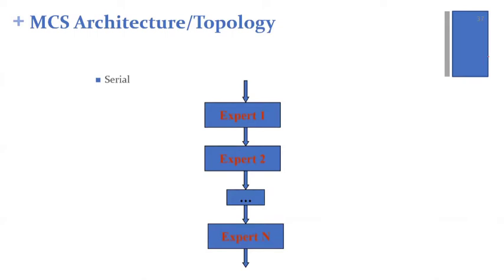Finally, we also mentioned that while building it, we could have what we call the multi-classifier system architecture, where you have the serial one and the parallel one. Serial means while building, we build one before we move to the next. This is applicable for the case of boosting, so we are going to discuss it in detail later.